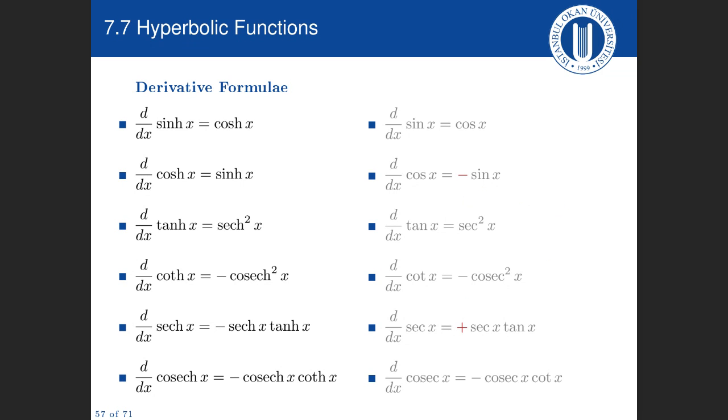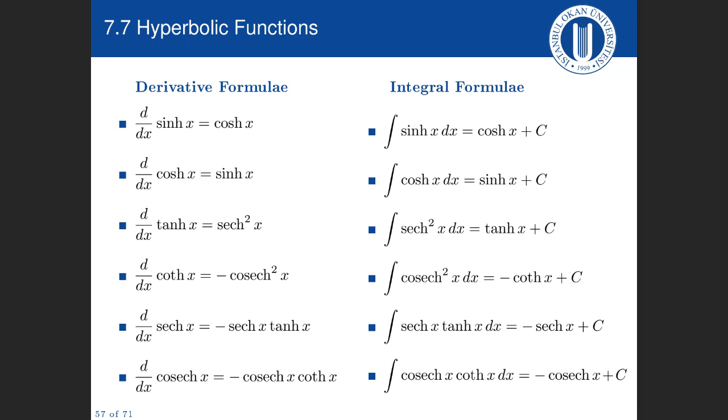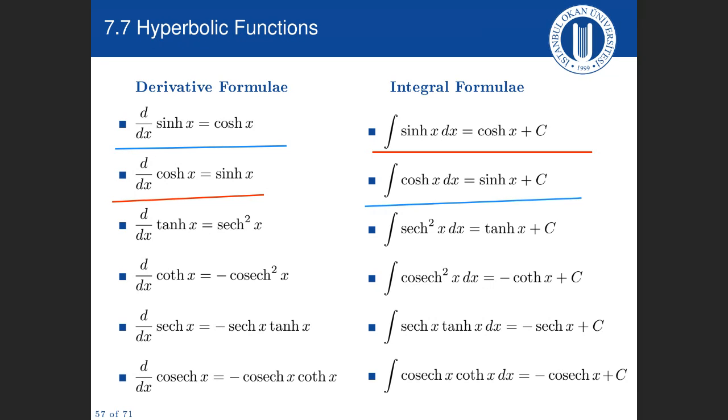After we know how to differentiate these things, then we know some integral formulae. If the derivative of cos is sine, that means the integral of sine is cos x plus c. And if the derivative of sine is cos, then the integral of cos must be sine, and so on.